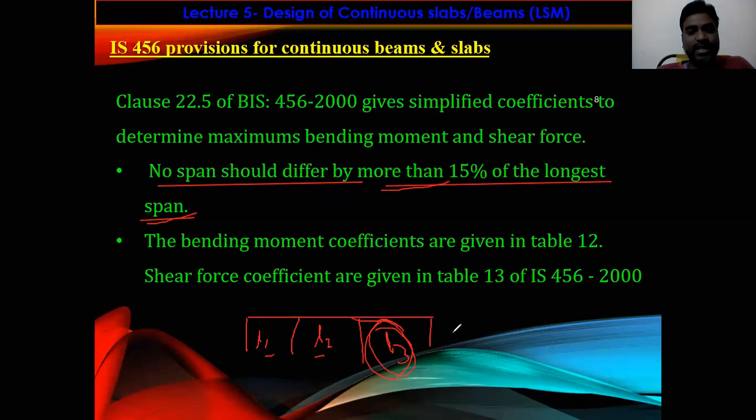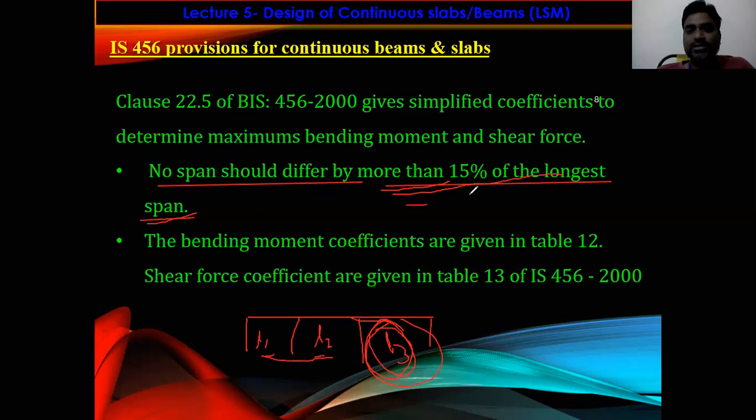This is very, very important. The difference between any span should not be greater than 15% of the longest span. If it is greater, this method is not applicable for that beam, right?